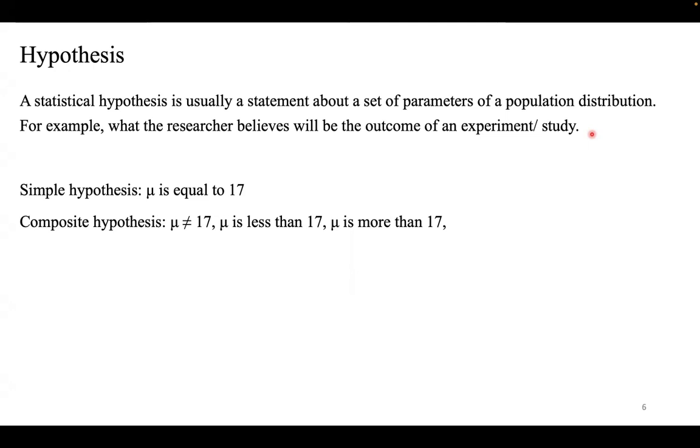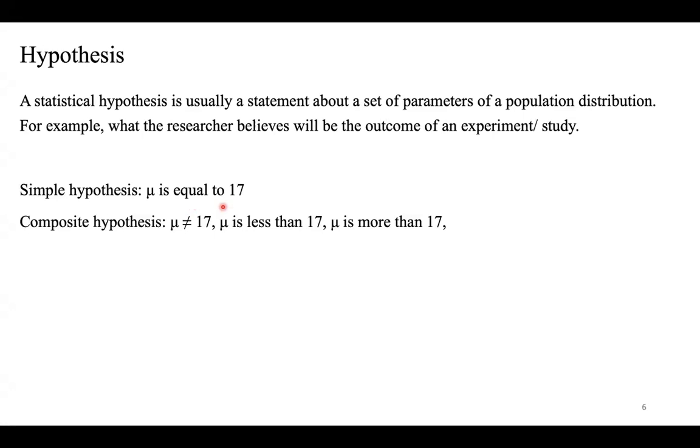Not check in the sense of whether it's correct or not, but we want to see whether it's related to another value that we believe might be true, or if it's lesser than or greater than it. So a simple hypothesis would be something like a fixed value: is the value that you got equal to some particular number? We will see examples in a few minutes.